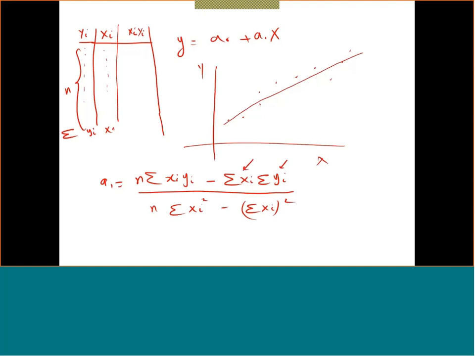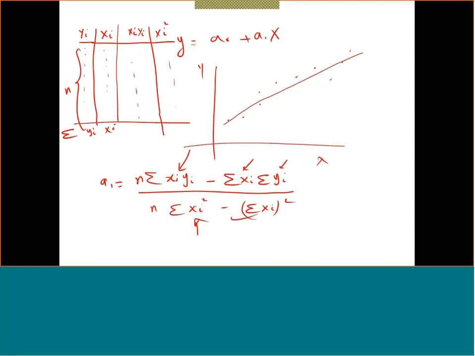You find the summation of the multiplication, which is this one, and then you will find xi squared, which is this value, and of course at the end you find the summation of all these numbers. You add all of them. Okay, and then you find the summation of xi and take its square.